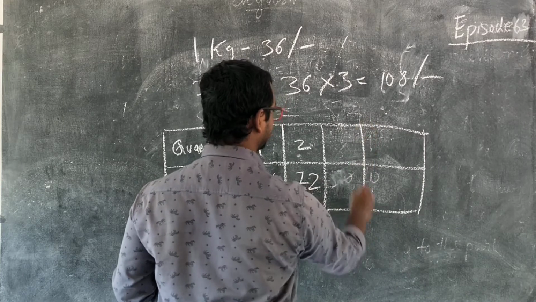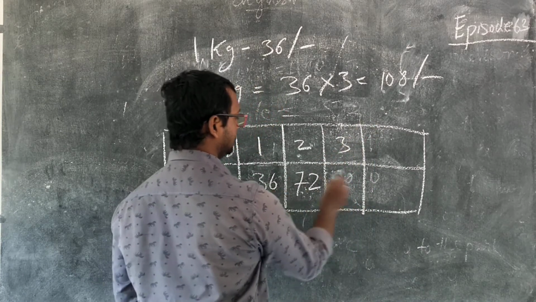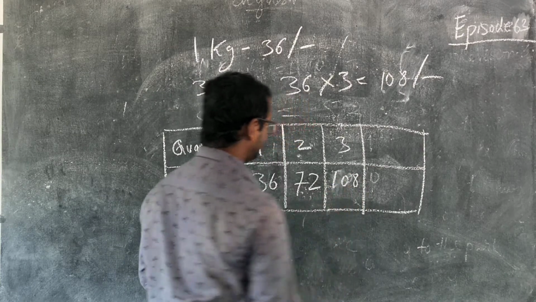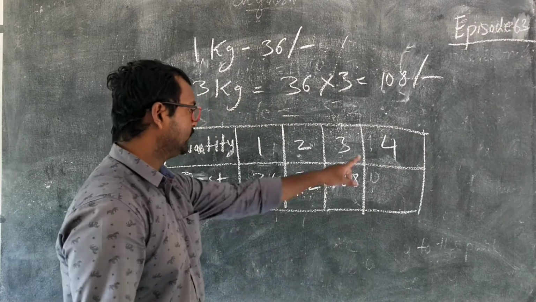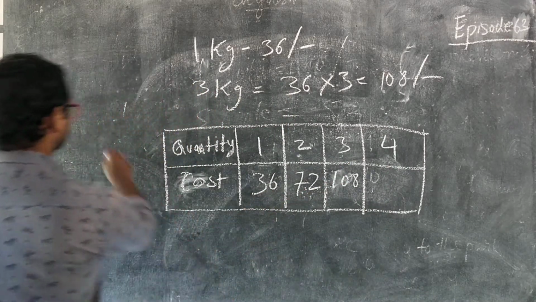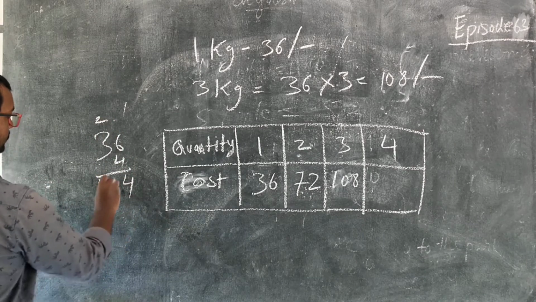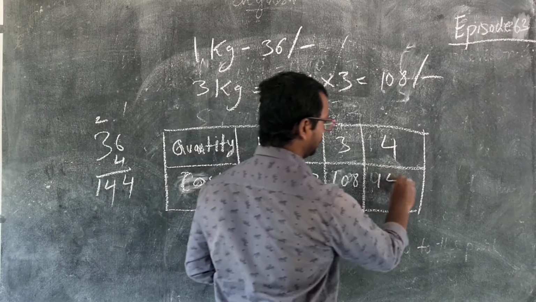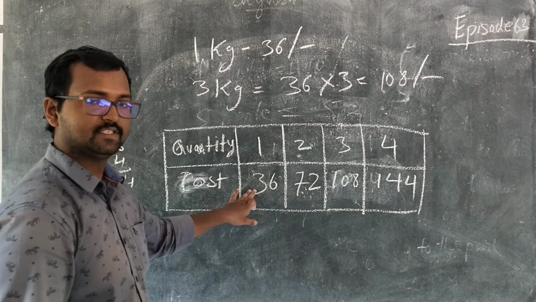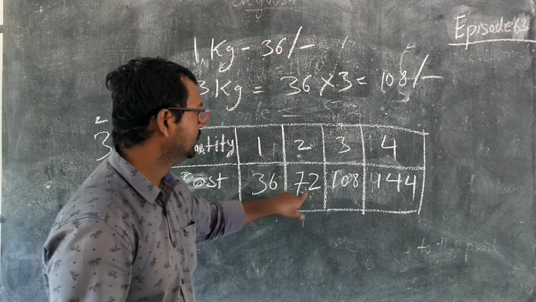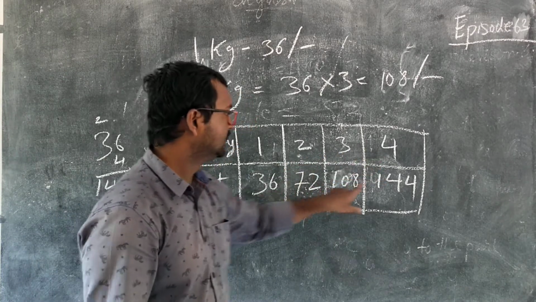If the quantity is 3 kilo, it is going to be 3 into 36, 108. If it is 4 kilo, then 4 into 36, 144 rupees. So for 1 kilo 36 rupees, for 2 kilo 2 into 36, 72, for 3 kilo 3 into 36, 108, for 4 kilo 4 into 36, 144.